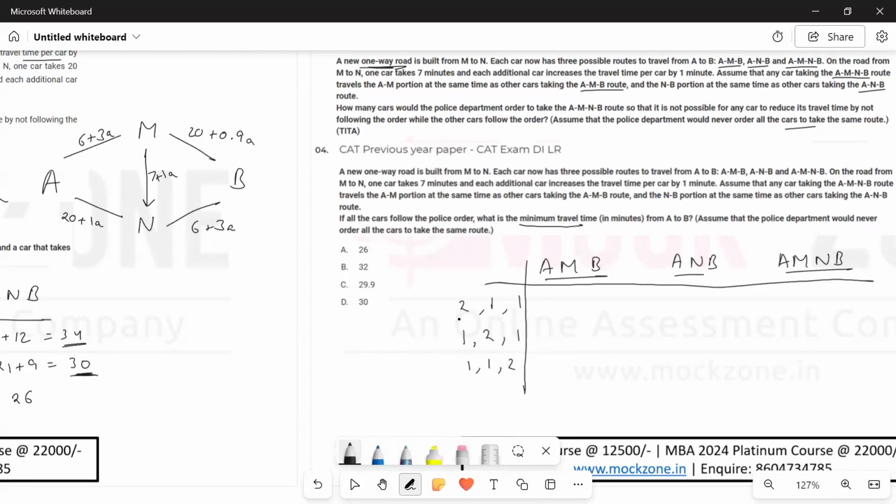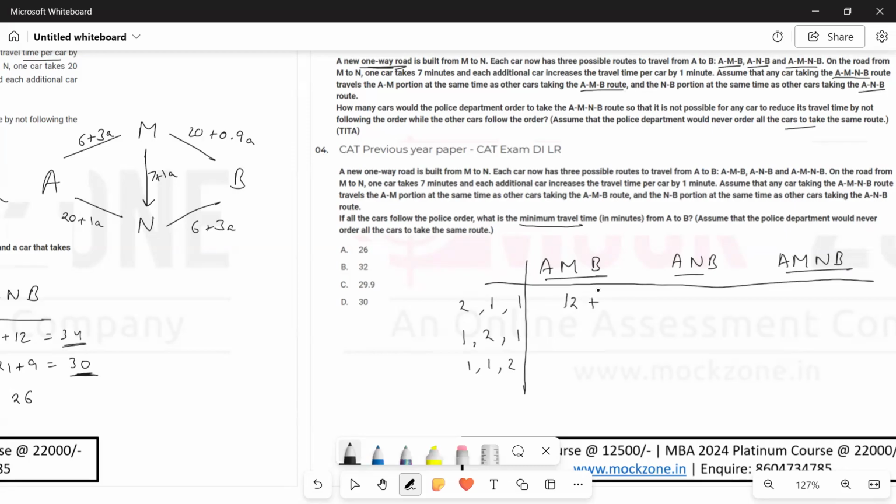Okay? So the first option is two cars travel on A and B. So how much time will they take? Now we see two cars are traveling on A and B and one car is traveling on AM and B. So that means from A to M, there are three cars traveling. That means how much time will they take from A to M? 12 minutes.